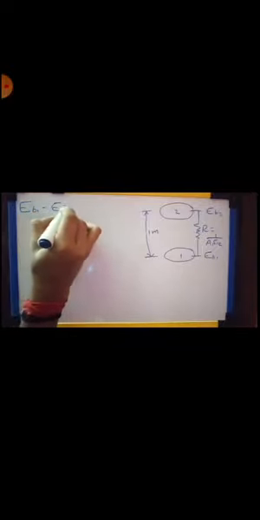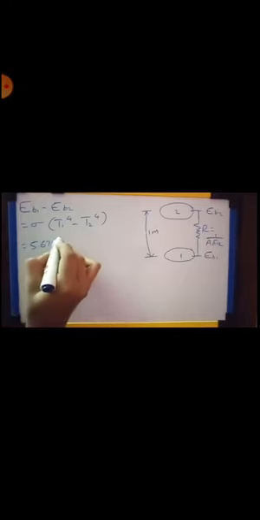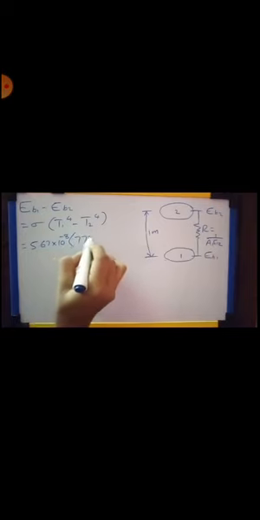Then you have to find out EB1 minus EB2. We know that EB1 is equal to sigma T1 raised to 4 and EB2 is equal to sigma T2 raised to 4. Therefore, it can be written as sigma into T1 raised to 4 minus T2 raised to 4. Sigma value is 5.67 raised to minus 8. The value is given in our data book.